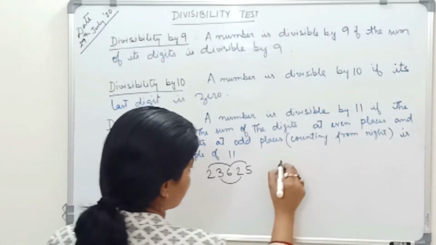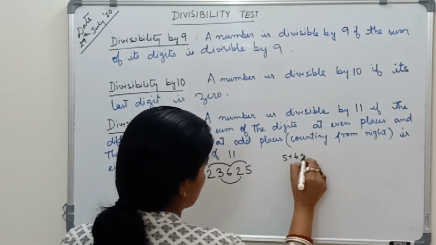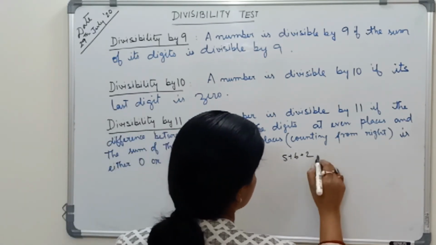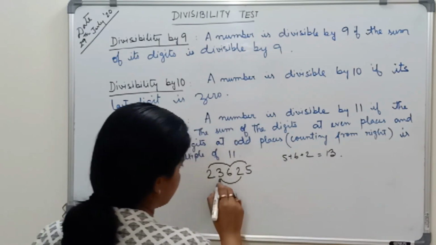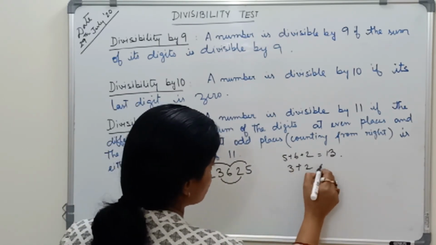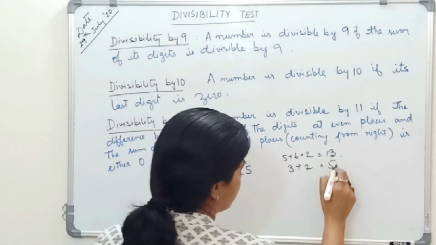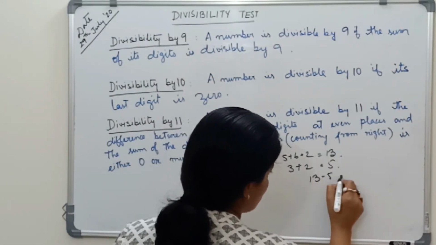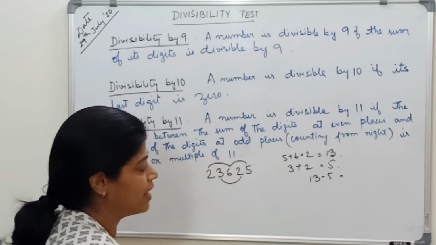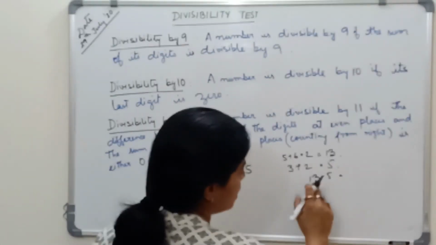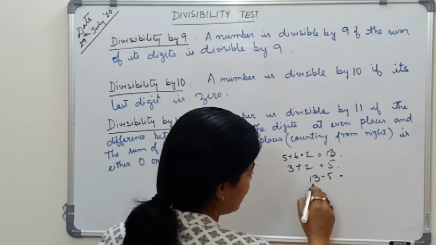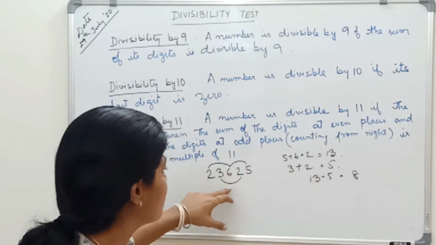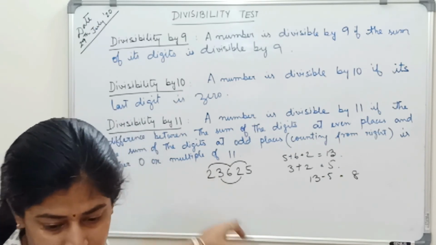So what is this? 5 plus 6 plus 2. 6, 7, 8, 9, 10, 11, 12, 13. This is 13. And this is 3 plus 2. What is this? 5. If the difference between these two, 13 minus 5, should be either 0 or a multiple of 11, then the number is divisible by 11. You see, the number will not be divisible by 11 since 13 minus 5 is 8. So this number will not be divisible by 11.